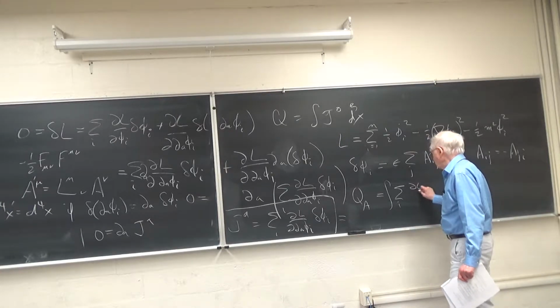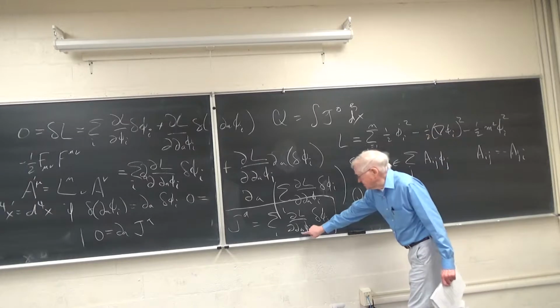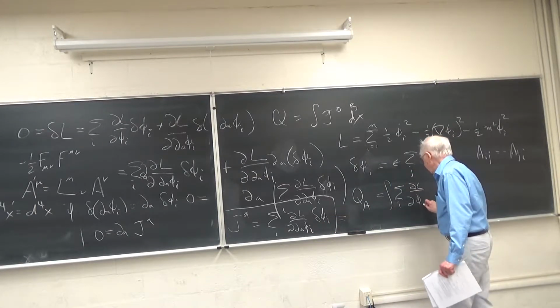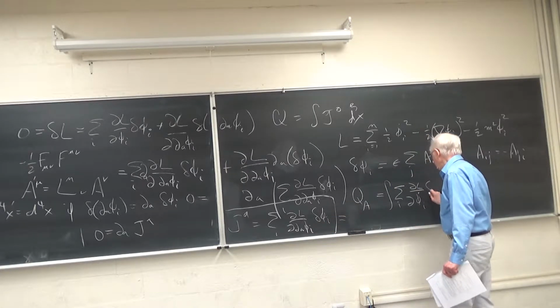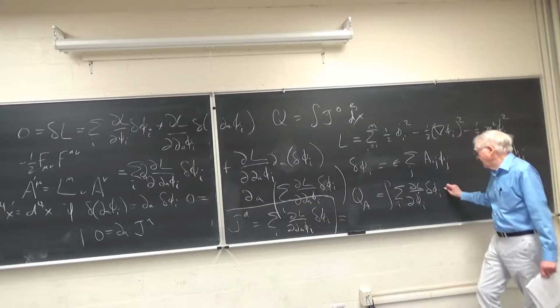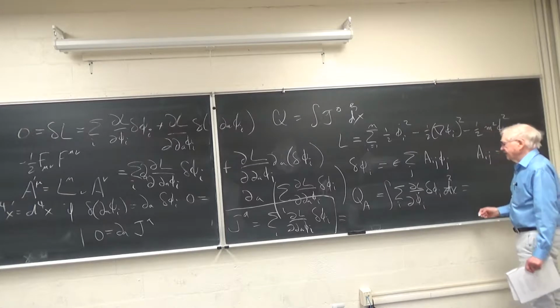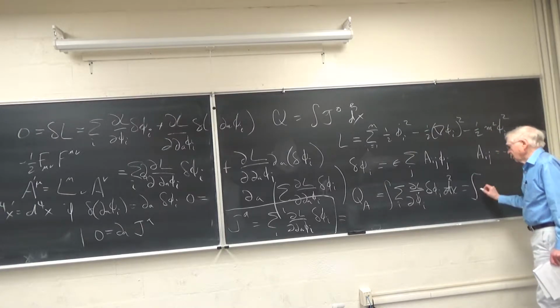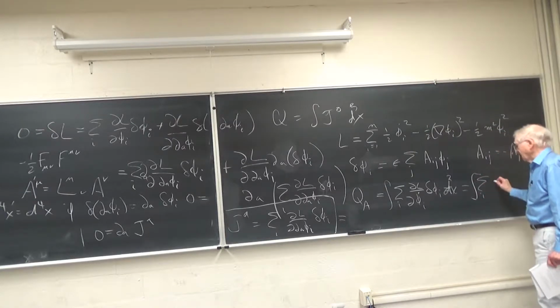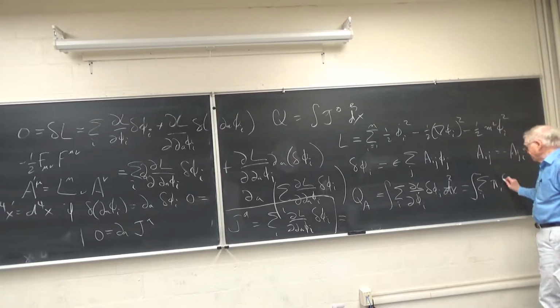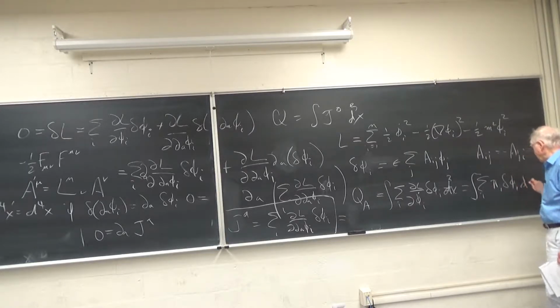It is the partial L with respect to phi_i dot, setting A equal to 0, times the change in phi_i, d cubed x. And so that is the integral of the sum over i of the conjugate momentum times the change in the field, d cubed x.